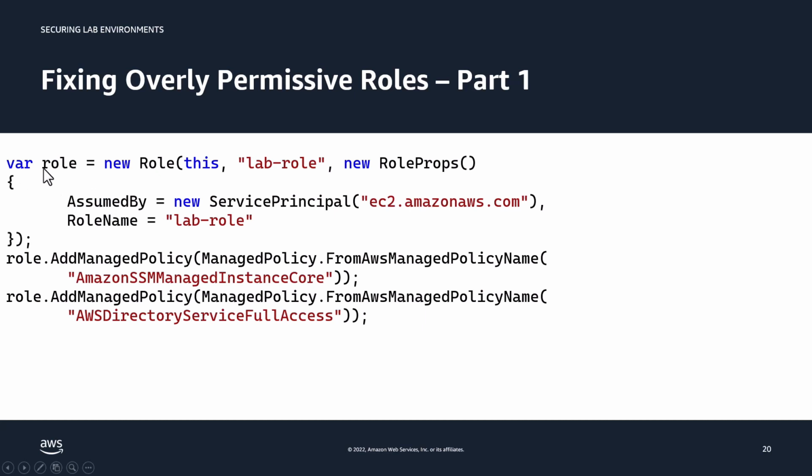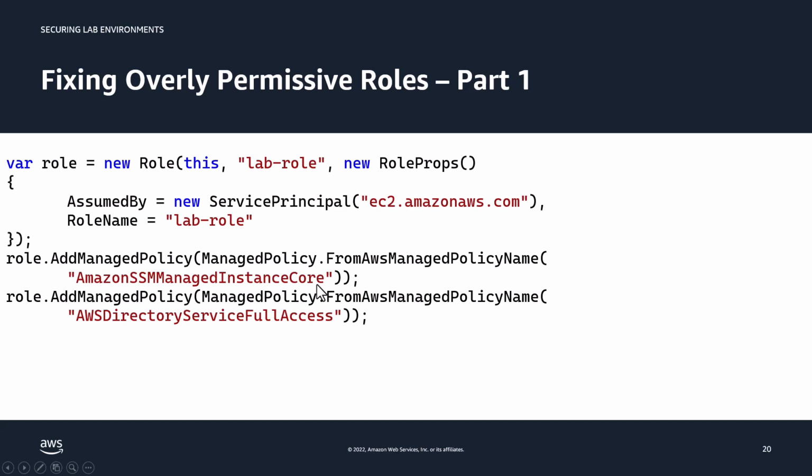Now here's the code. So we're creating a role. We're saying who it can be assumed by, so EC2, because we're attaching it to the EC2 instances, and we're giving it a role name. We're just going to call it lab role. That's fine. And then we're going to attach the policies we need. So we're adding the managed policy of Amazon SSM Managed Instance Core.